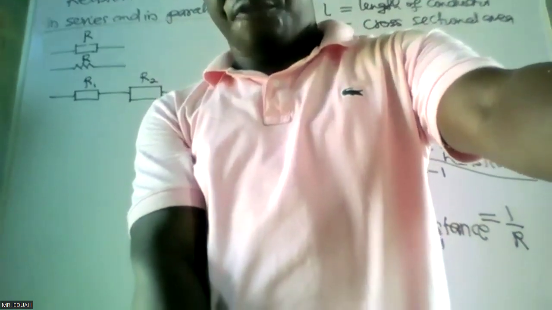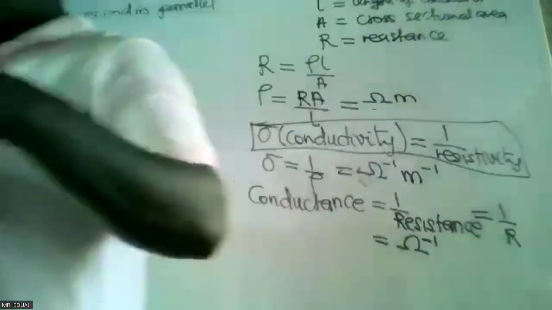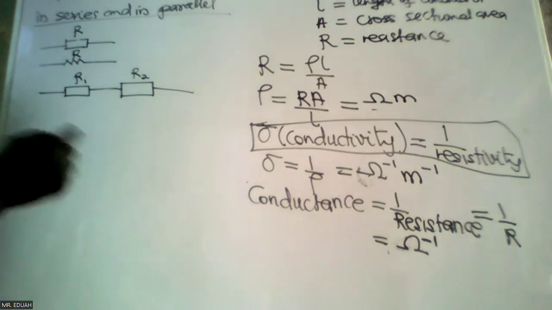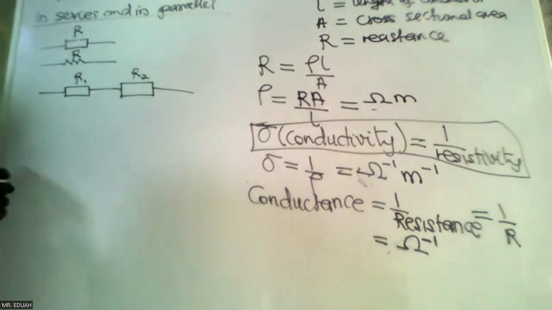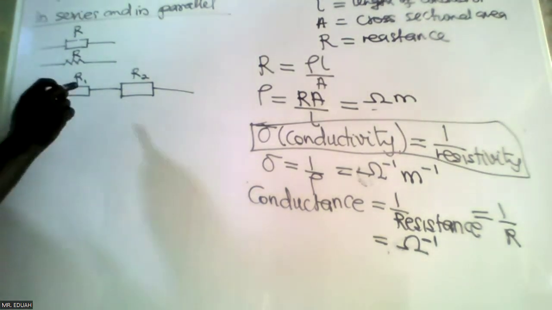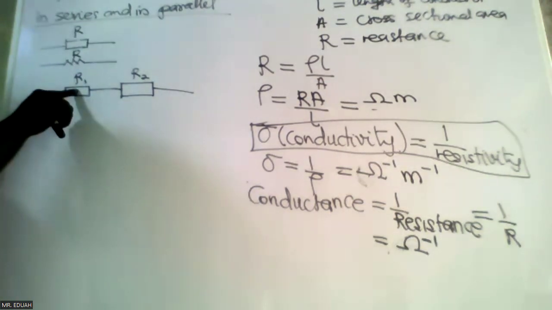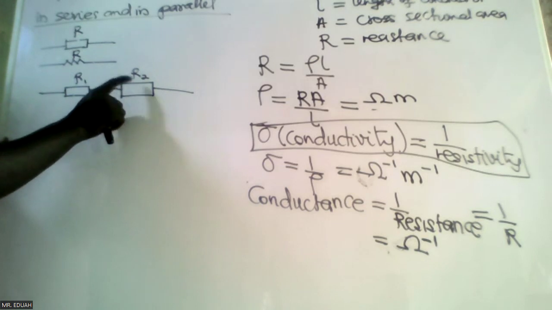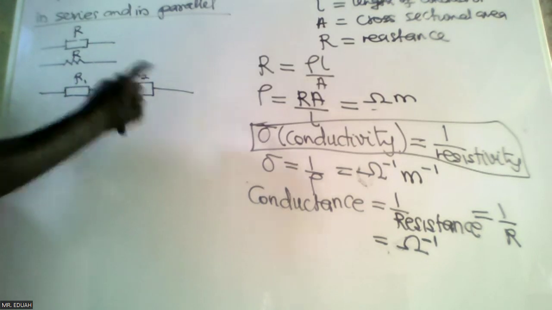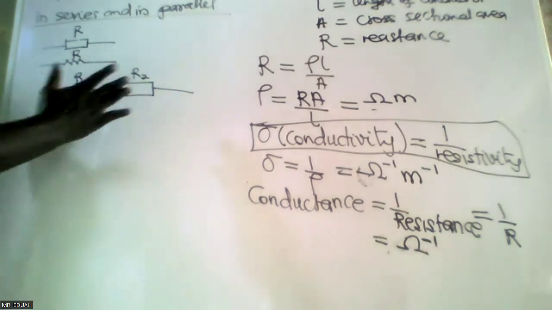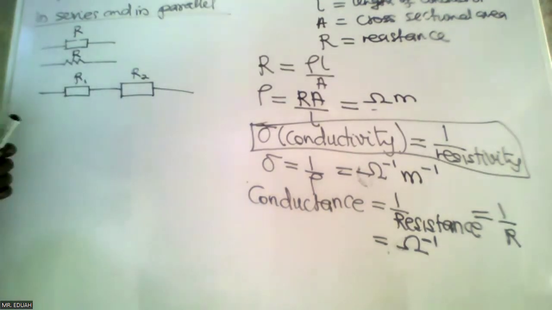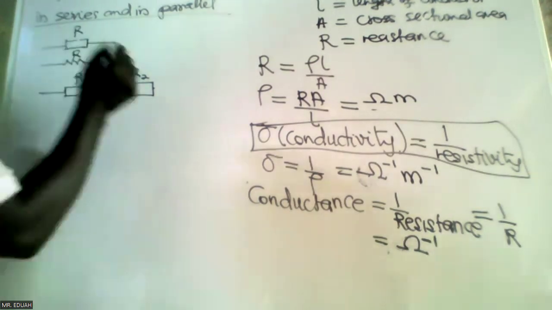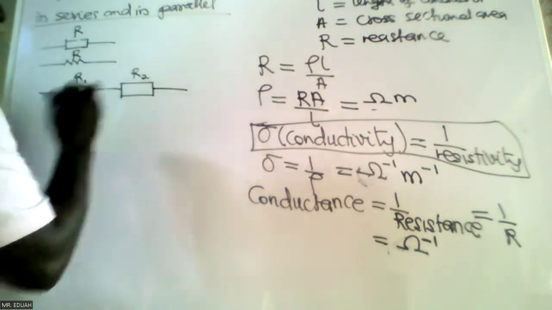So when we talk of resistance, a measure of the opposition to the flow of current, a resistor is a device. So if I indicate R1, this is the magnitude of the resistance offered by this. R2, this is the magnitude of the resistance offered by the second one. And these are two resistors connected in series.